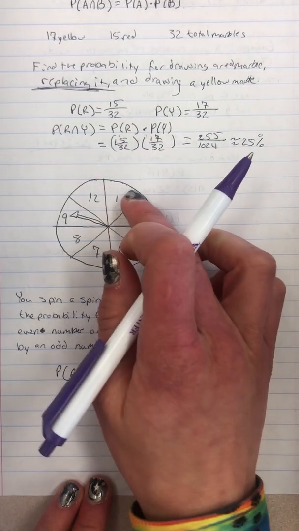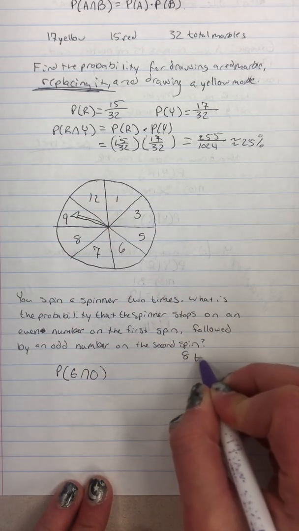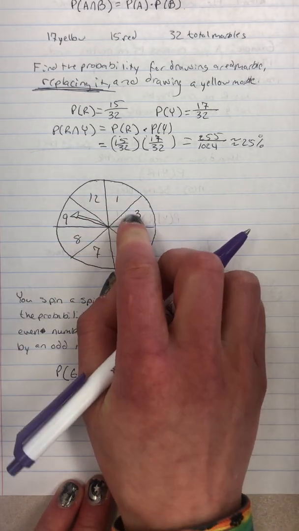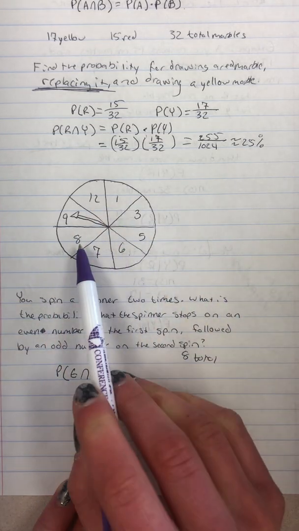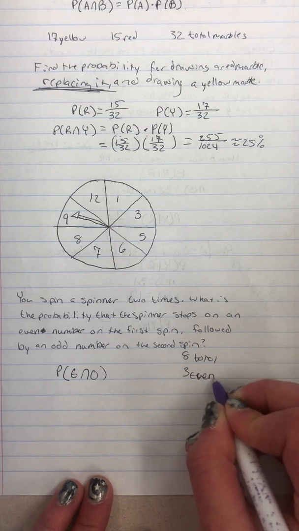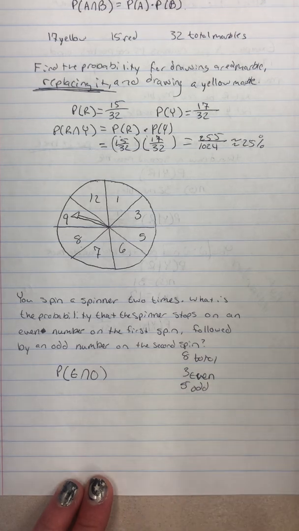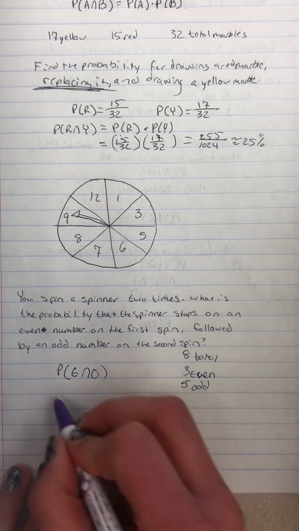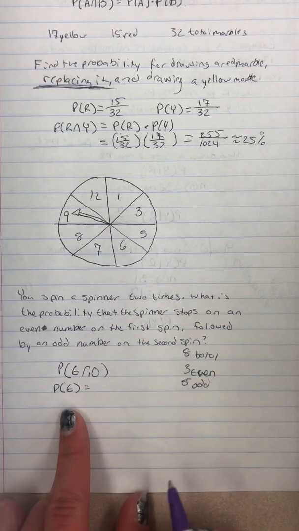So let's look. We have 8 total numbers for our spinner, and 3 of them are even. 5 of them are odd. Let's look at the probability of having an even number.